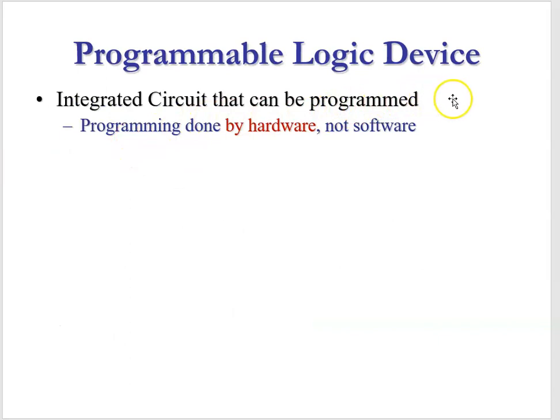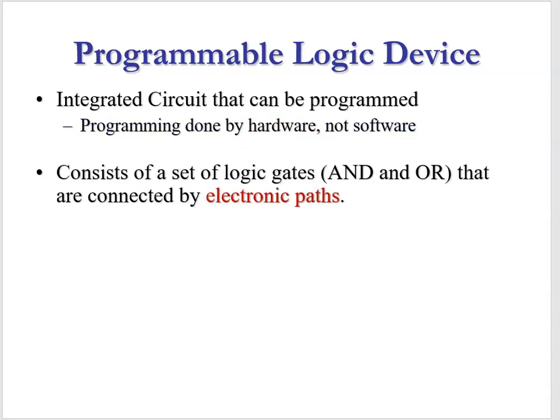programmable logic devices. Those are integrated circuits that can be programmed, but the programming is done by hardware and not by software. So it's by hardware that you get the information stored into a ROM device that can only be read by software. The programmable logic device also consists of a set of AND gates and OR gates, connected by electronic paths.